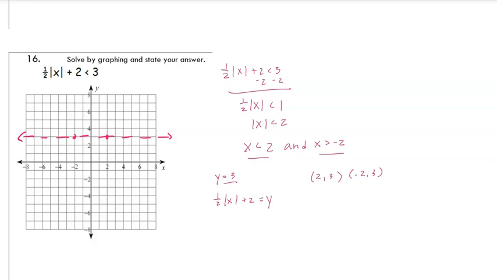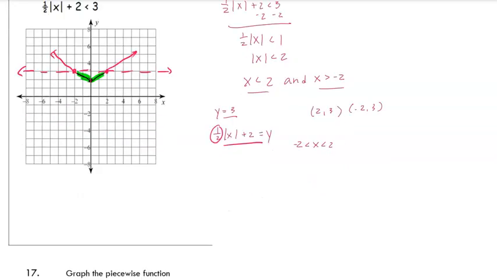And negative 2, 3. And how do you graph this? It's moved up 2. I'm going to use that as a slope. I'm going to go up 1 to the right 2. And it's looking for the areas that are less than. Right here, I can write it as a compound inequality: x is less than 2 and greater than negative 2.